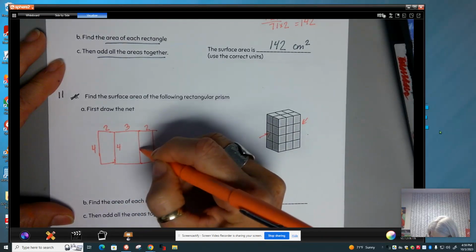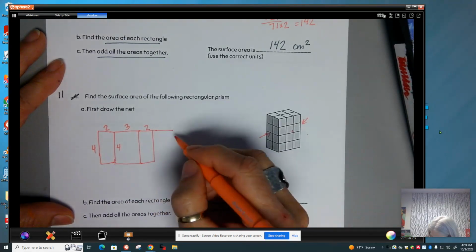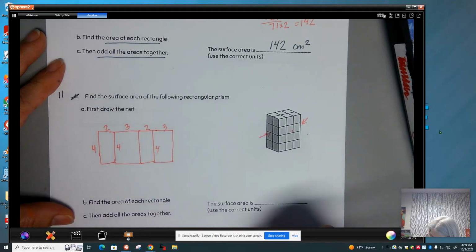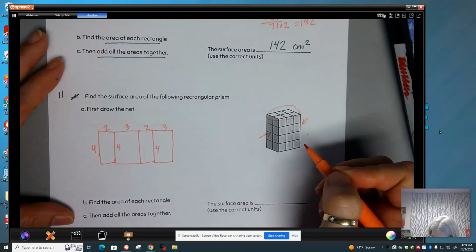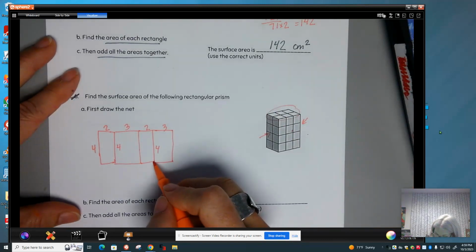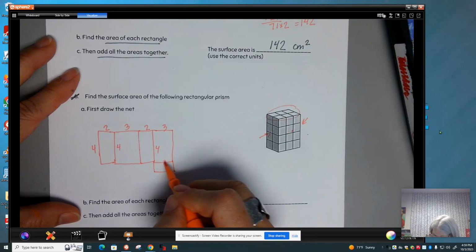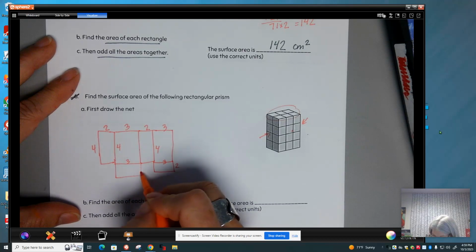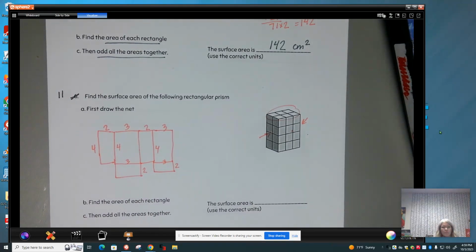That's another 2 by 4. And then this one has another one in the back. So there's another 3 by 4. And then I have these pieces, which is a 3 by 2. So I'm just going to put it here. That's a 3, so that's a 3. That's a 2. That's a 3. So that's a 2. And then I have to find the area of each shape, find the area of each rectangle.